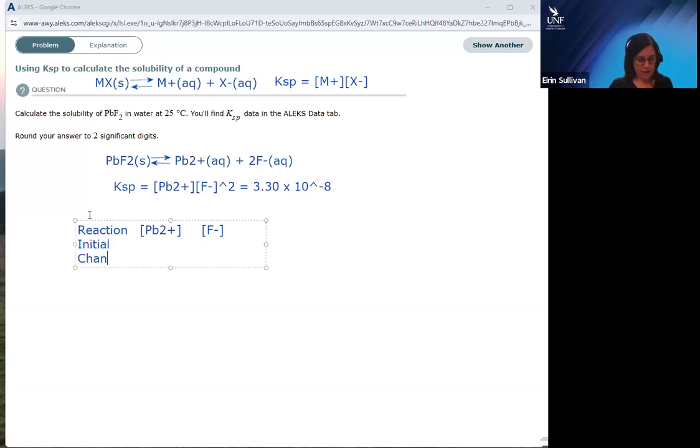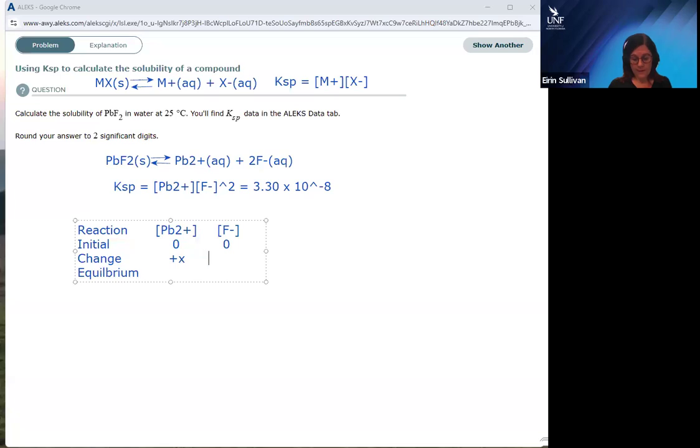So initial, change, equilibrium. So before we try and dissolve any of our sparingly soluble compound, we should have 0 of each of those ions. Okay, then the change is going to be that as the lead-2 fluoride dissolves, for every 1 mole of lead-2 fluoride that dissolves, we yield 1 mole of lead-2 ions.